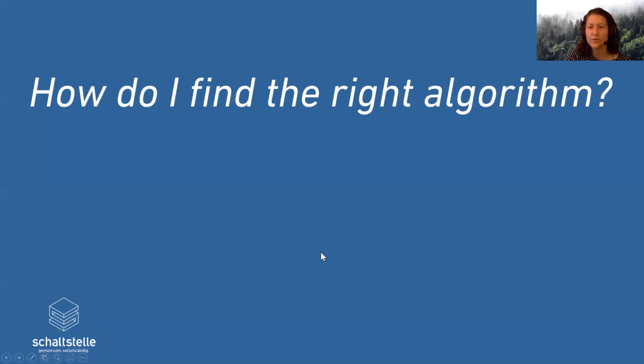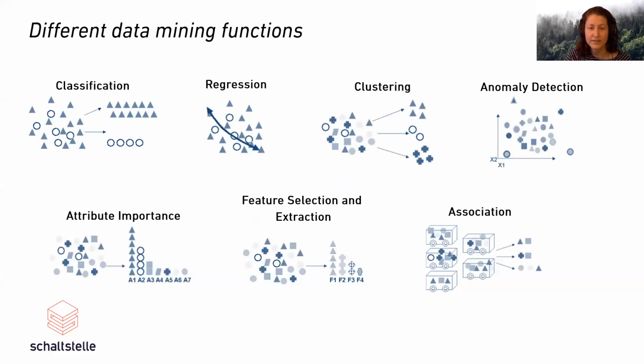But how are we going to find the right algorithm for us? So what's the right algorithm for our problem that we had? There are many different types of data mining functions, and each of them can have multiple possible algorithms to choose from. So which function is the right one for our question? Which can be used as a prediction model for skiing?